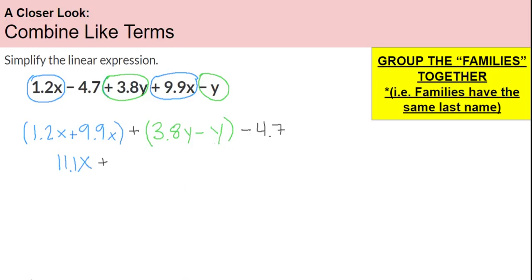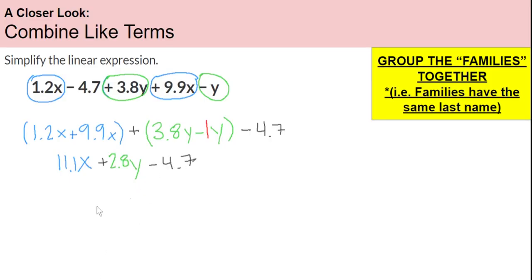What number is there in front of this y? This is just 1y, or minus 1y. So you can write a 1 in there if you want. So this is like saying 3.8 minus 1, because we don't touch the y, leave the y alone. 3.8 minus 1 would be 2.8. And then I've got the minus 4.7 at the end there.